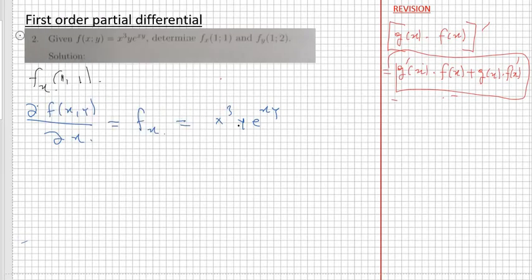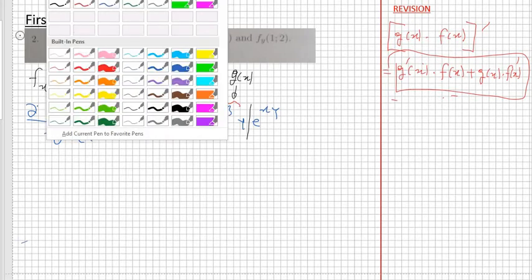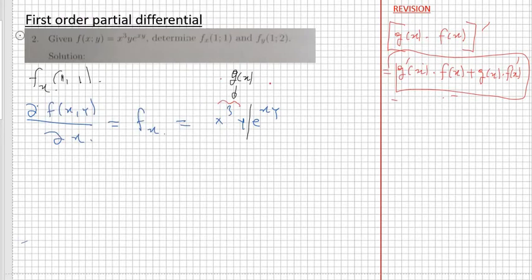All I need to do is, if I separate this into two, I have my first part that I can consider as my first function, which is g of x, and then the second part can be considered as f of x.